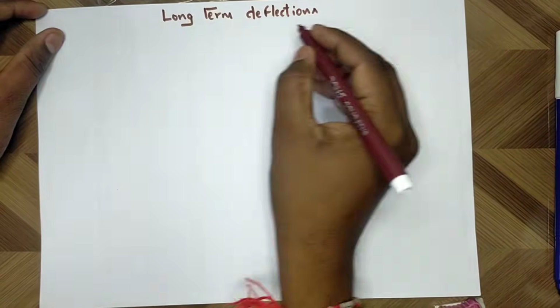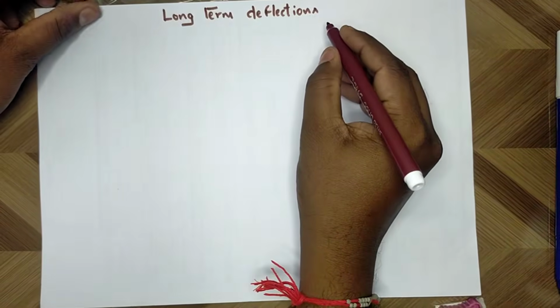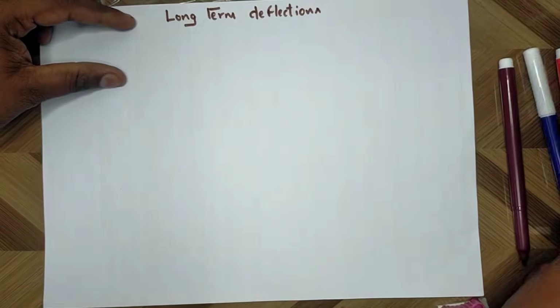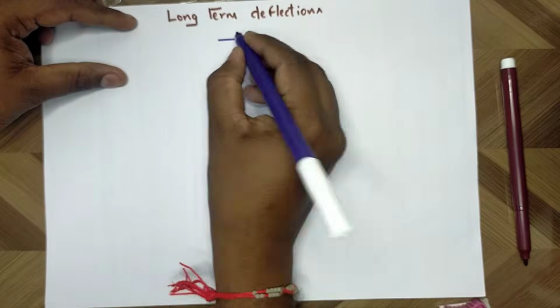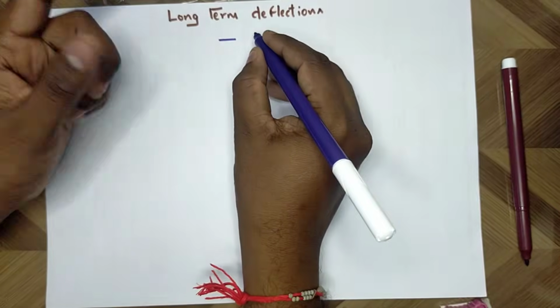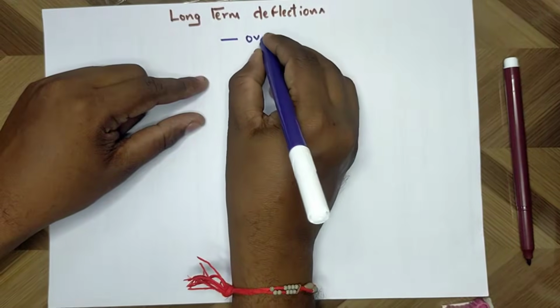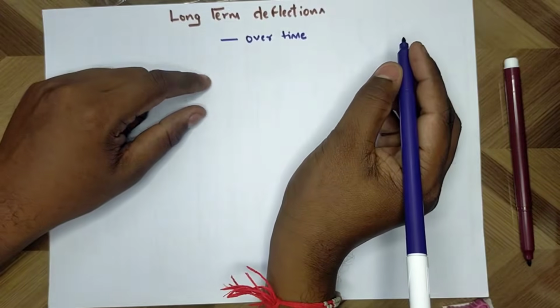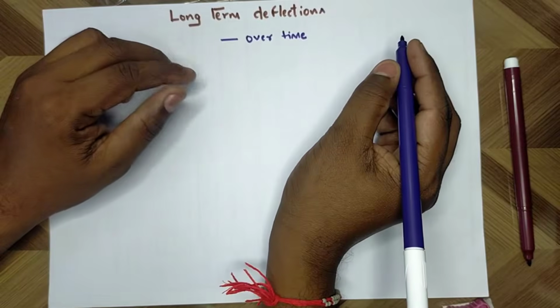Hi everyone. In this class, we will discuss the long-term deflections in prestressed concrete members. These long-term deflections occur over time. In an earlier video, we discussed the short-term deflections.